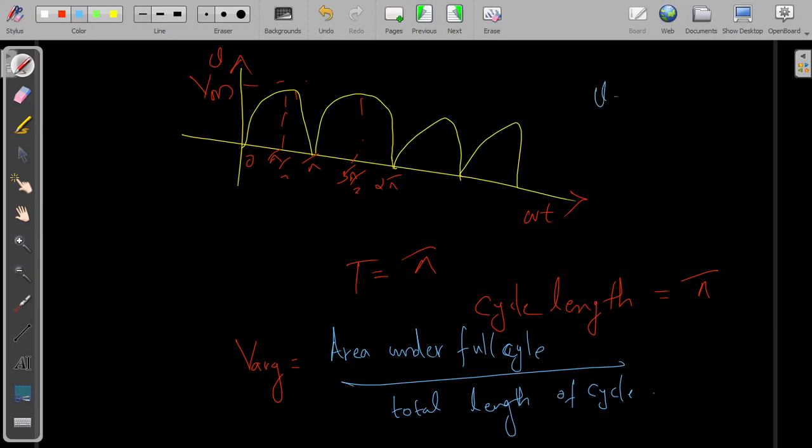We define this waveform as V equal to Vm sin omega t for omega t greater than 0 and less than pi. So this is our waveform, V is equal to Vm sin omega t.